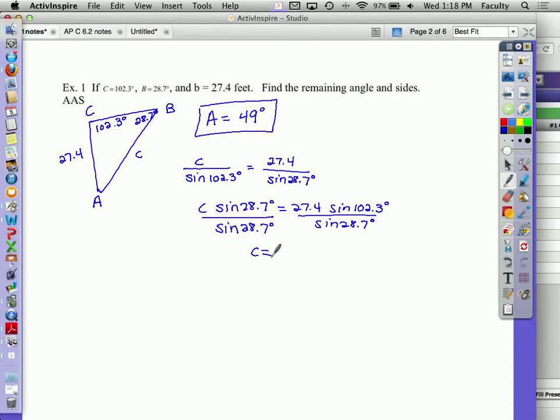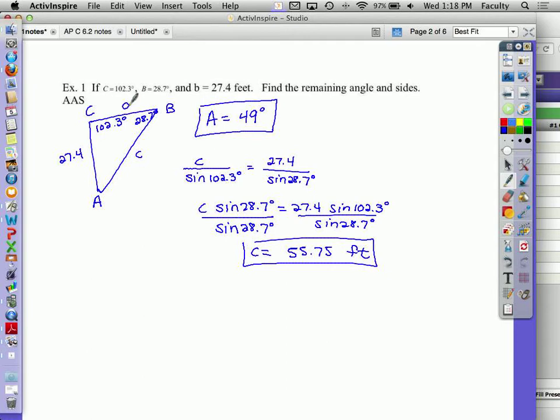So I got side C was about 55.75. If there are units indicated in the problem, include your units. This was in feet. And you notice there's going to be a lot of stuff you're working out. So please make sure on the things that you're finding, you circle or box them so I can find it.